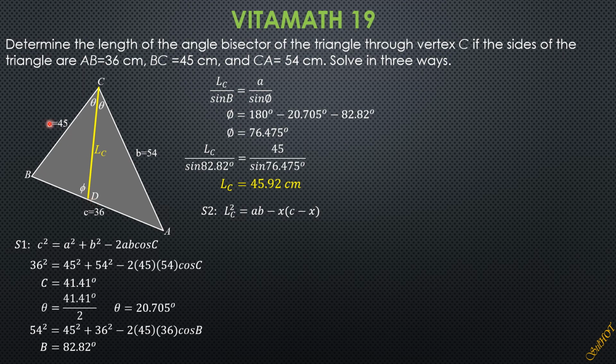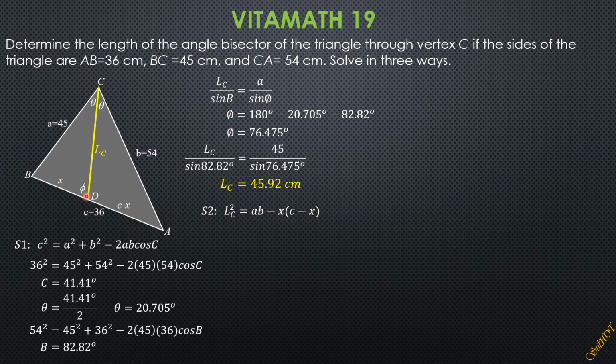And we also have this ratio developed in Vitamath 17, or in the theory about the angle bisector, that A over B is equal to X as to C minus X. Remember that relation.